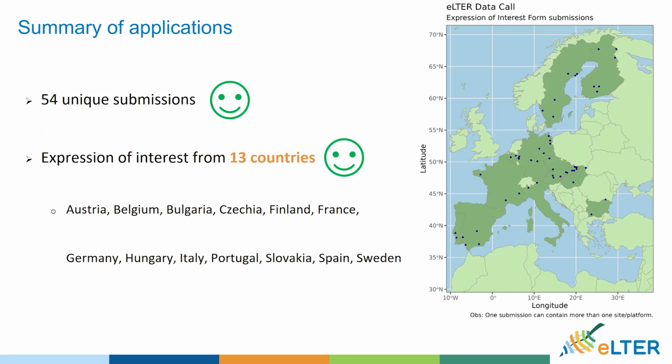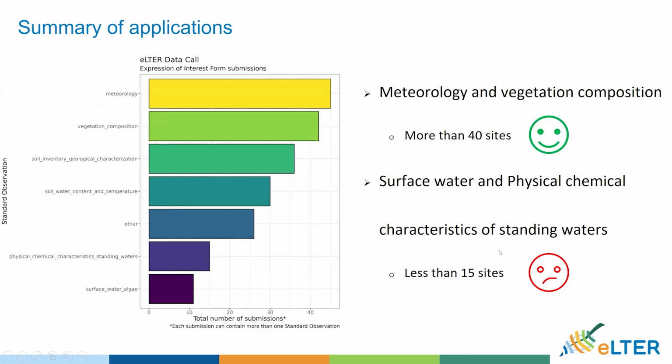So can you move to the next? Yes. Again, just a brief overview of what we got in the expressions of interest. Most of the data sets that were offered were from meteorology and vegetation composition, which both have more than 40 different sites willing to provide this data set.